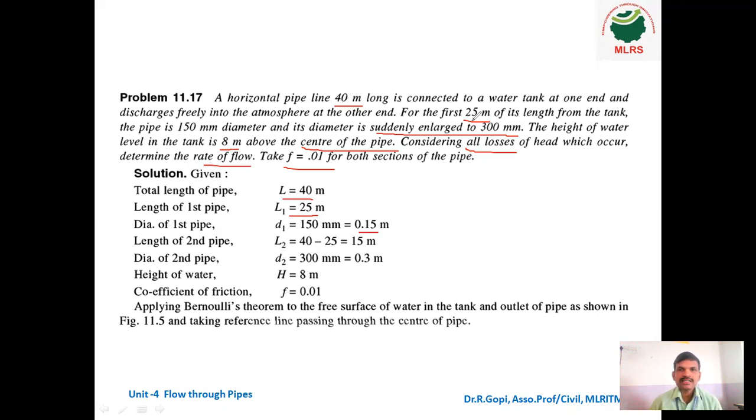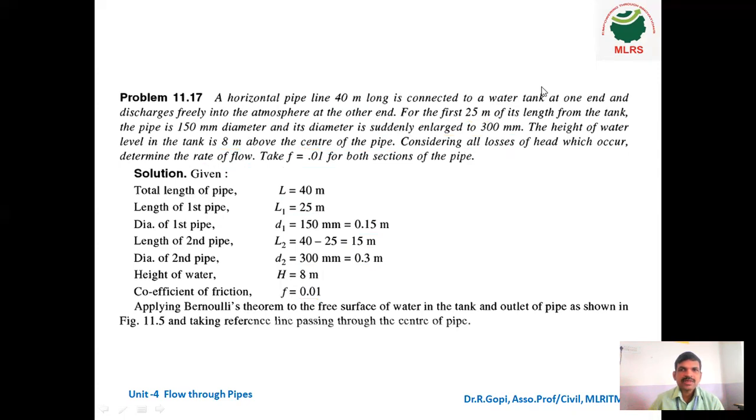Total length minus length of the first pipe, it is 40 minus 25, it is 15 meter. Next, diameter of the second pipe is 300 mm, which is equal to 0.3 meter. So height of water H is equal to 8 meter from the center of the pipe. Coefficient of friction f is equal to 0.01.